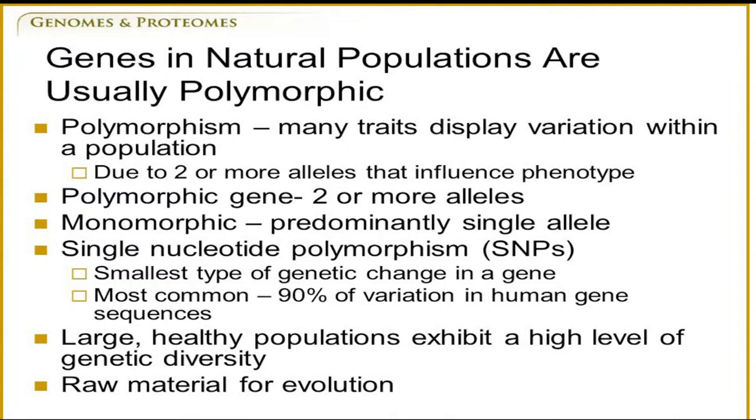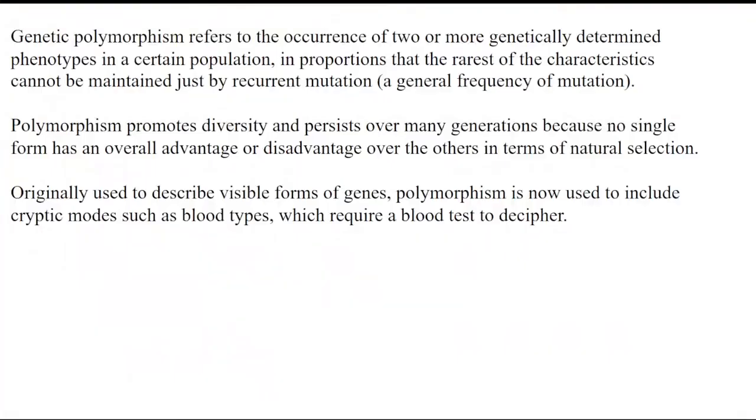The polymorphism provides the material for evolution, and it provides a high level of genetic diversity in populations. Genetic polymorphism refers to the occurrence of two or more genetically determined genotypes in a certain population in proportion where the rarest cannot be maintained just by recurrent mutation, the general frequency of mutation.